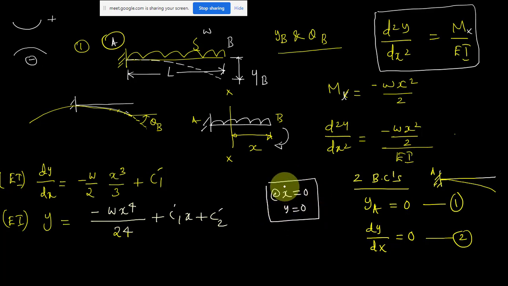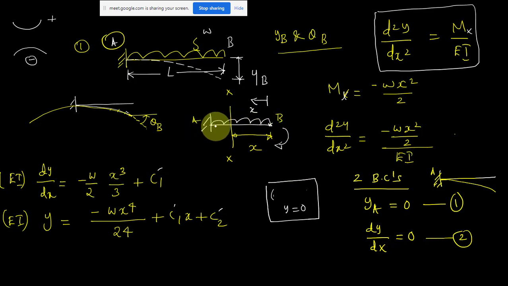Sorry, x is not 0 in this case, because we measured x from the free end, right? So you have to be careful. In the previous example I took this as a reference point, the coordinate origin. Here you have to see how we are writing the moment equation. While writing the moment equation, I measured x from this point, so x is 0 at this point.